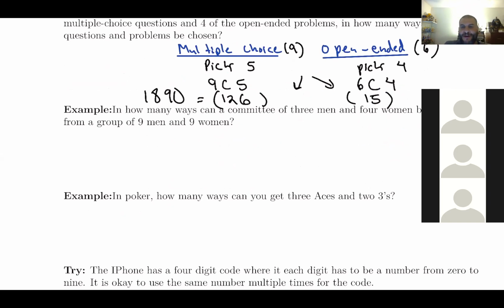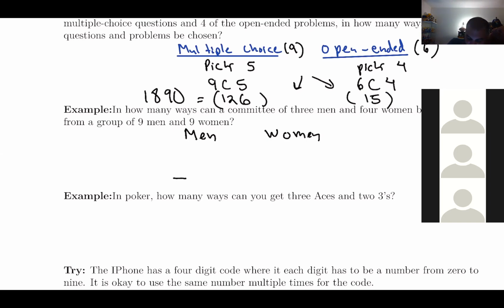All right. So we're going to construct a committee. For the committee, we have our men and we have our women. For the men, how many seats do we have? Like how many men do we want in the committee? Cool, 3.